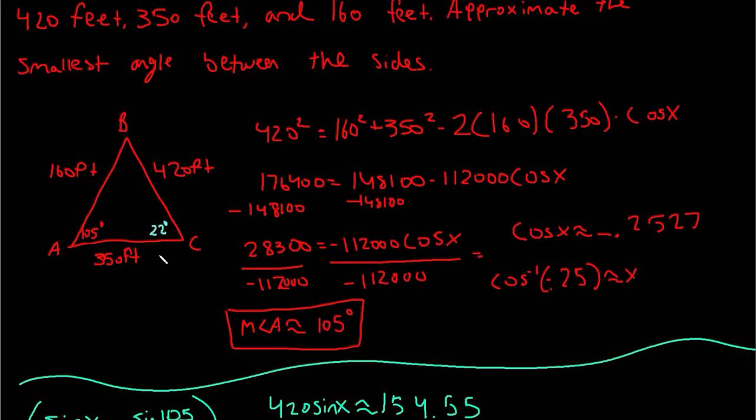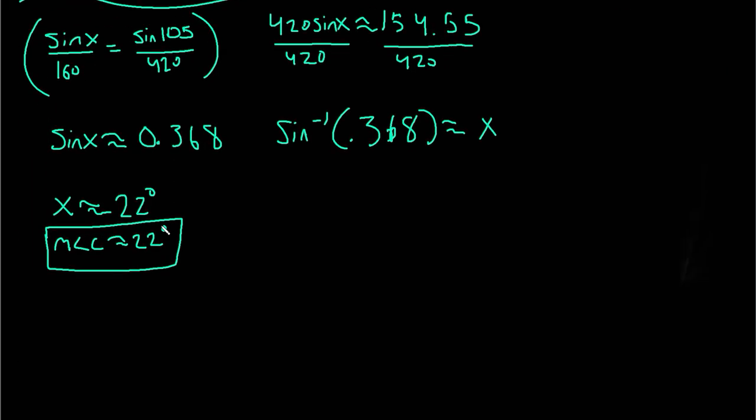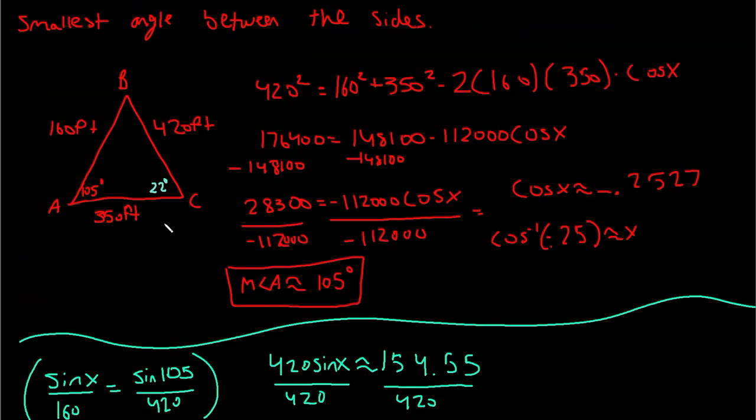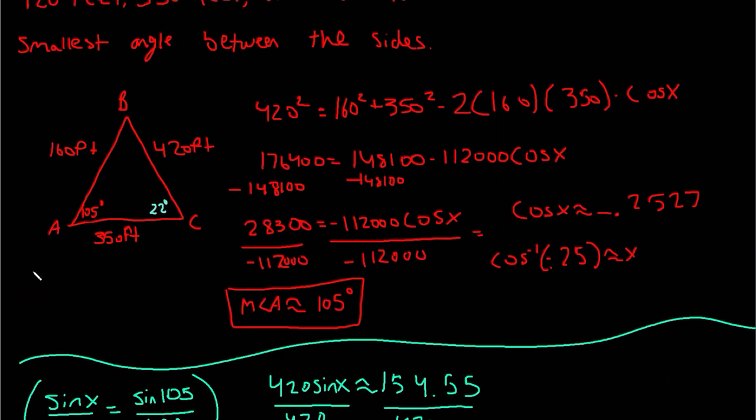And then we know that a triangle, of course, adds up to 180. In order to find the measure of angle B, we can do 180 is equal to 105 plus 22 plus x.